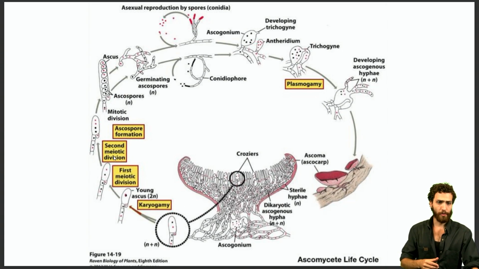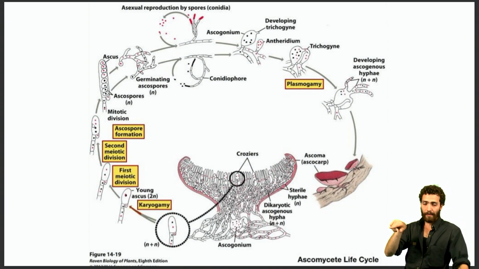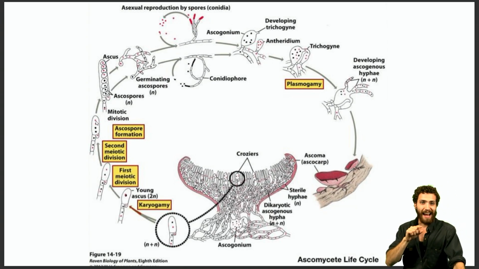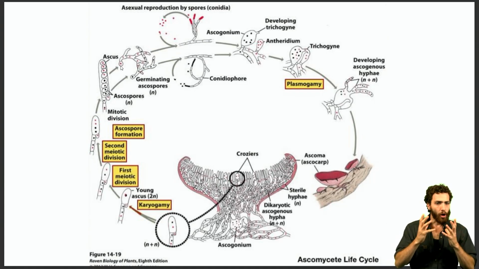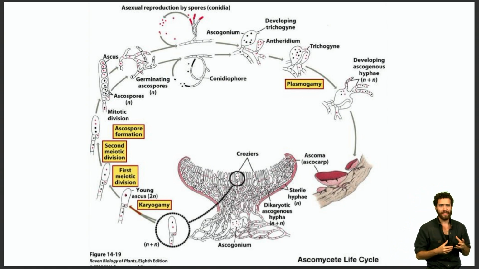Meiosis 1, meiosis 2, and then, unlike Basidiomycetes, they go through mitosis, right? So we have these four nuclei in this cell, and then it doubles those 4 to 8, and then we have 8 ascospores within this ascus. So hopefully you can glean some of these details, right?